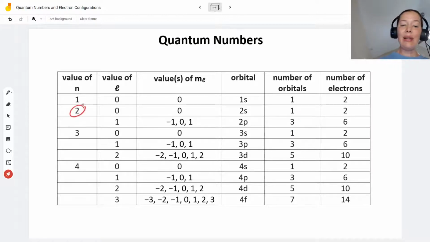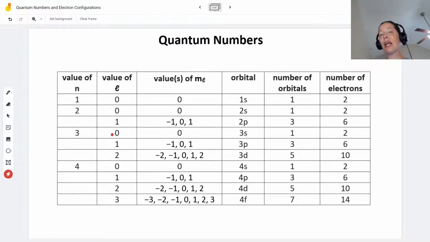Now, because n equals 2, these are 2p orbitals. There are no 1p orbitals, because remember, when n equals 1, we only have one value of L. So these are the 2p orbitals. There are 3 of them. If there are 3 orbitals, they can each hold 2 electrons. Then we're looking at 6 total electrons that can be held in the 2p orbitals.